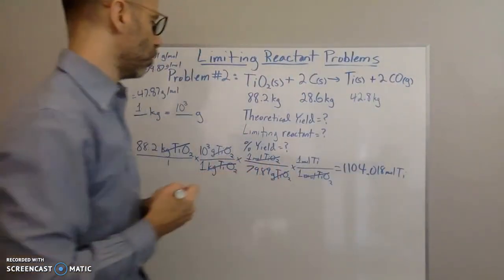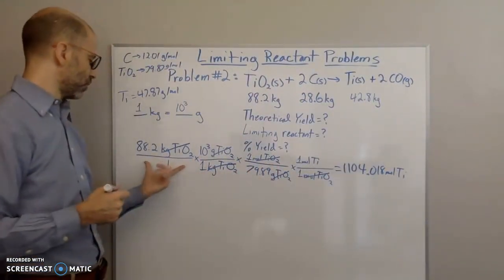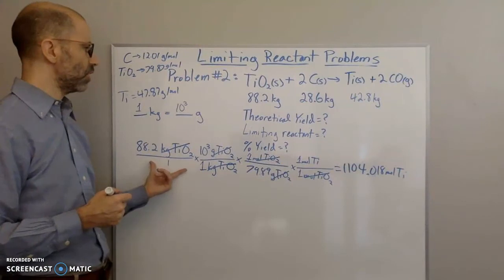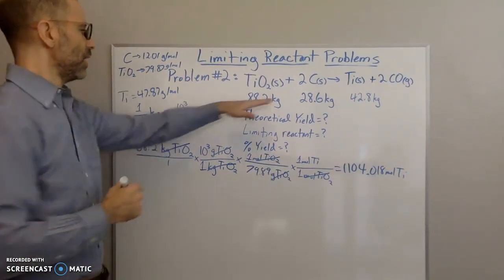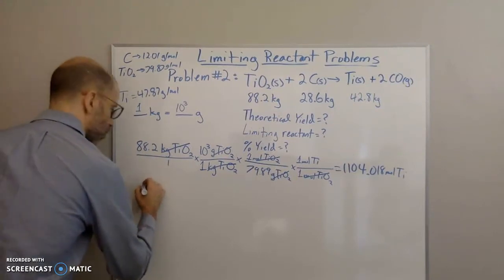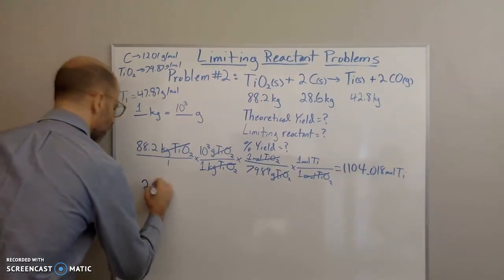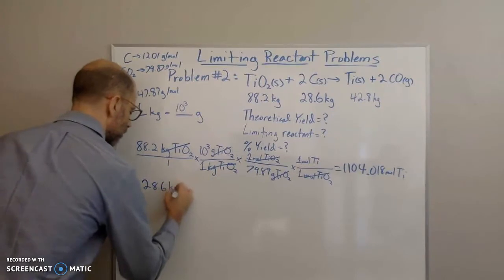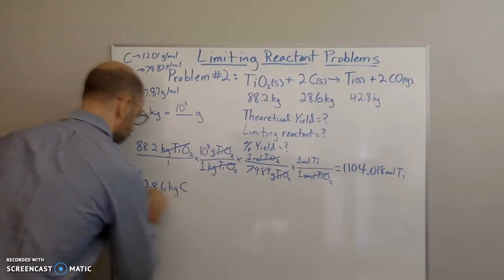That's the number of moles of titanium I get from 88.2 kilograms of the titanium oxide. Now I do the same thing with carbon. So I start with 28.6 kilograms of carbon.